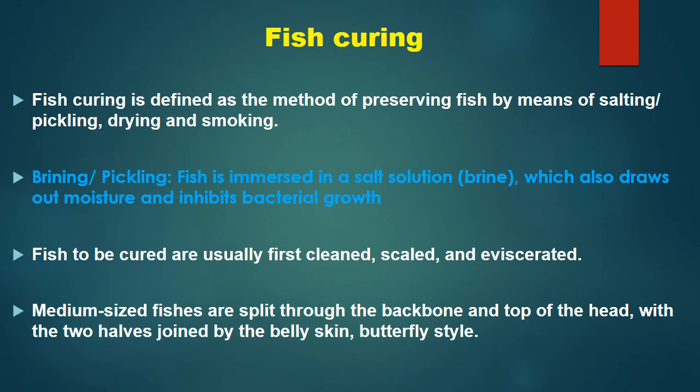Fish to be cured are usually first cleaned, scaled, that is the scales are removed, and eviscerated, that is all the guts are removed by opening the belly portion. Sometimes in the case of medium-sized fishes, it will be split through the backbone and at the top of the head, with the two halves joined by the belly skin. So the belly part of the skin will be joined, but the upper backbone part is cut open, so it looks like a butterfly for the purpose of curing.